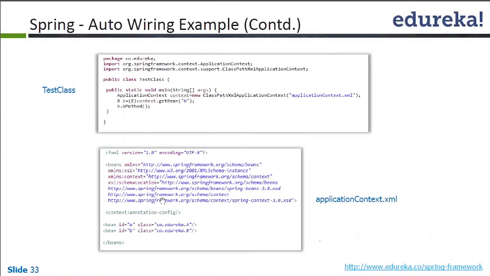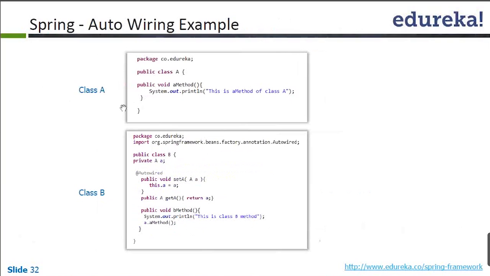If you come here, see this configuration file. I configured A and I configured B. But though B has A, I am not saying autowire by type here. Instead, in Java itself I said @Autowired.